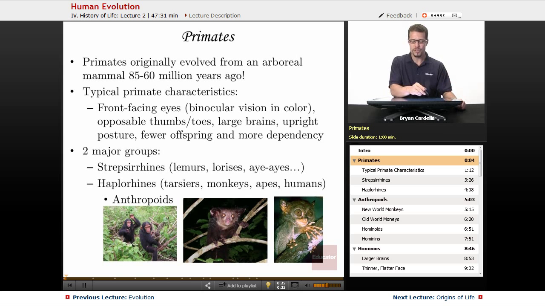So primates originally evolved from an arboreal, tree-dwelling mammal 85 to 60 million years ago. And there is some debate on exactly when. If you look at the fossil evidence based on tree-dwelling mammals at that time, this is the range that is pretty current. That arboreal mammal would have had 4 limbs.